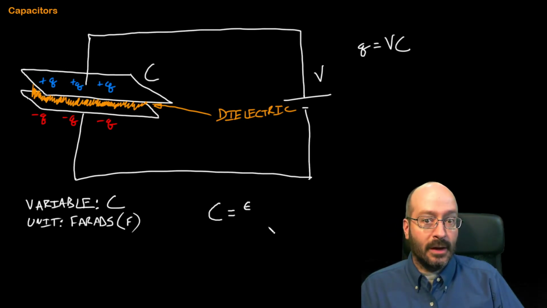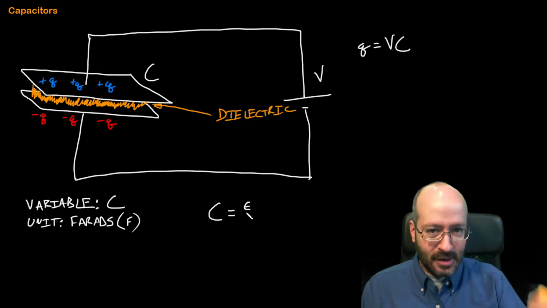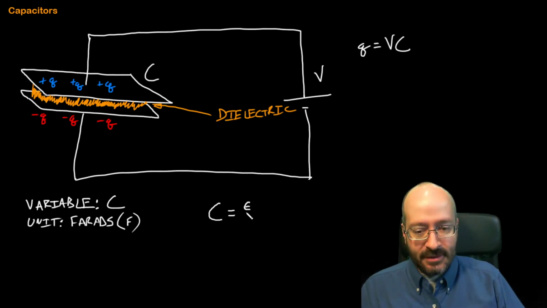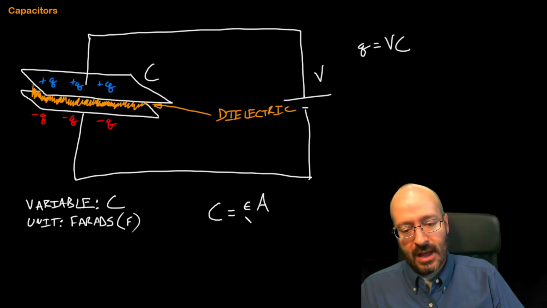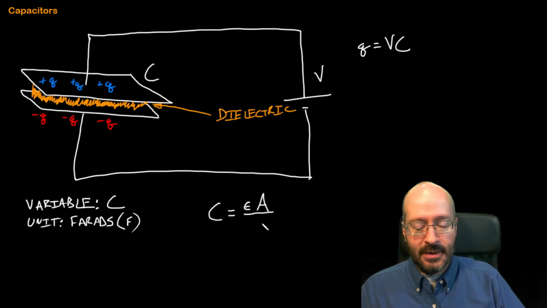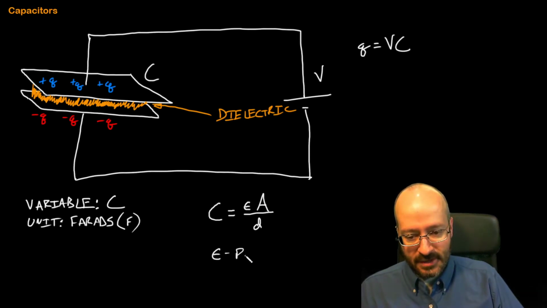No, I got that backwards. Permittivity. We'll talk about permeability next. Permittivity of the dielectric. So how well does the electric field set up in that insulator? And A is the cross-sectional area. So let's get some of these down here.